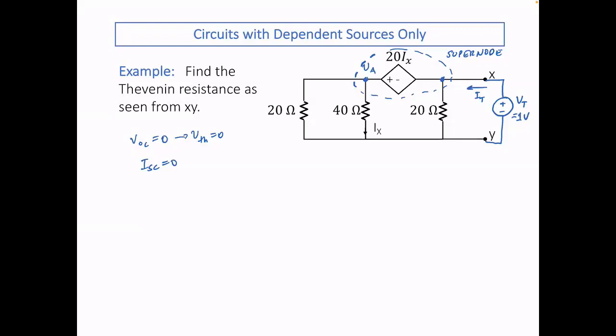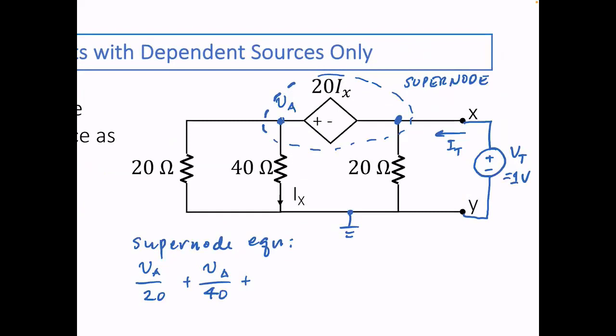Okay, what is my supernode equation? V of A over 20 plus V of A over 40, plus, I'm assuming this is my reference. What is the voltage at this point? The voltage at this point is equal to 1 volt.